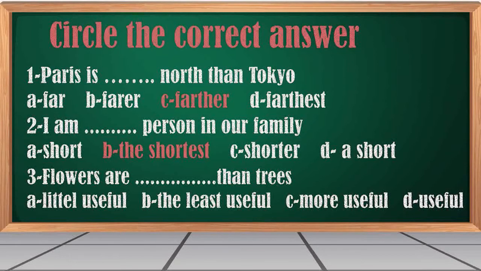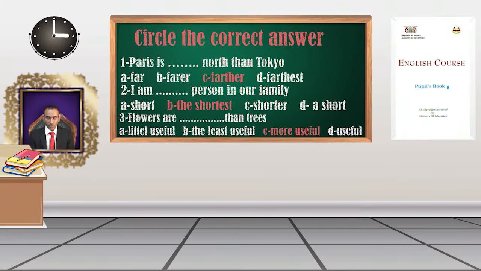So here we can't use ER or EST, but use more and most, or irregular adjectives. So a little, the least, more. So the correct answer is C. You say more useful. So flowers are more useful than trees.